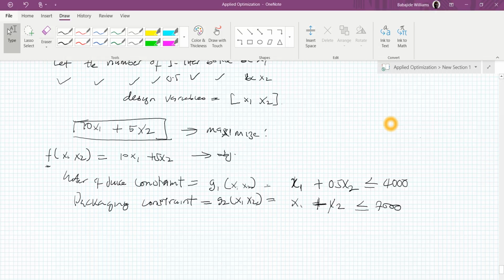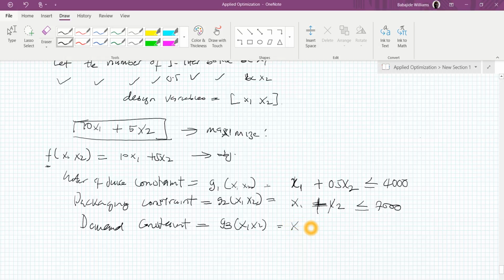So I can just say demand constraint, and that equals, let me call that G3 now, x1, x2, and I can say this is positive here. So let's start with the 1 liter bottle constraint.